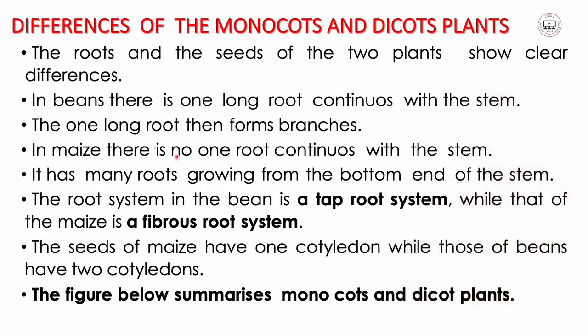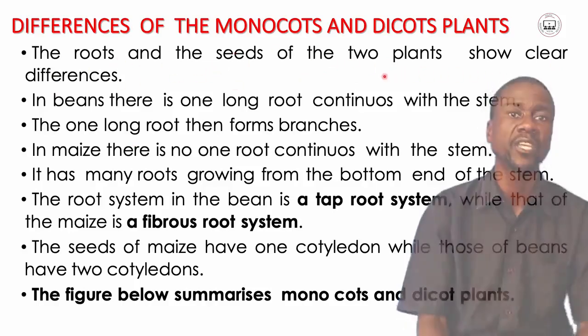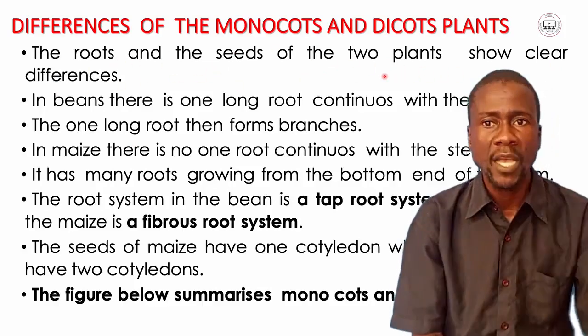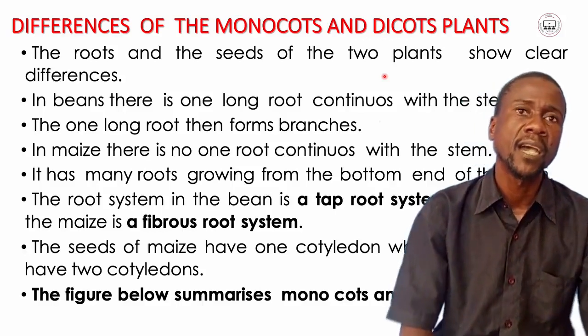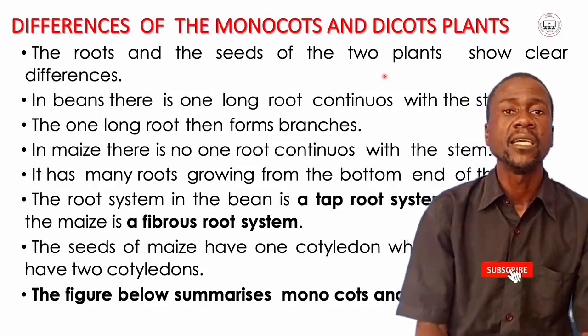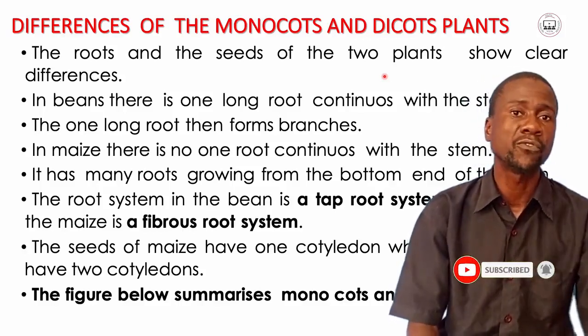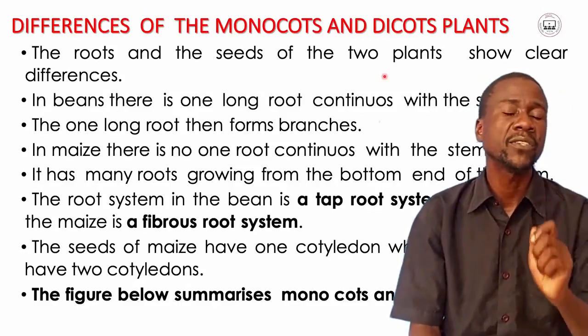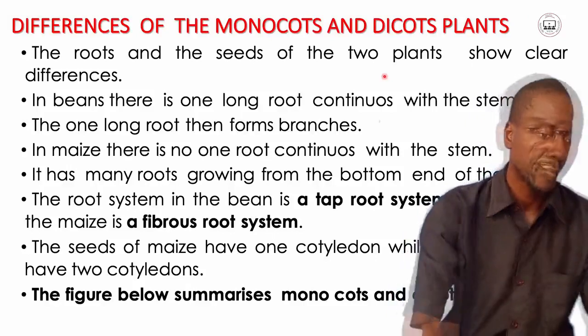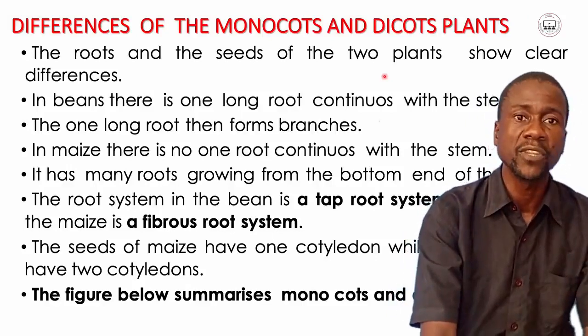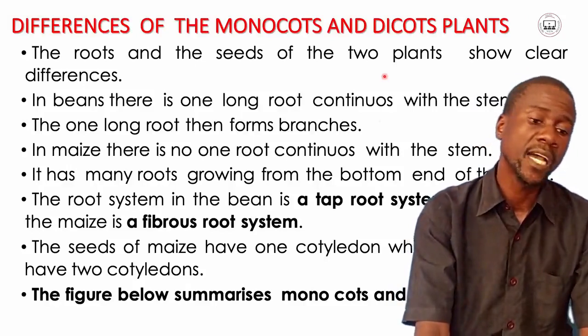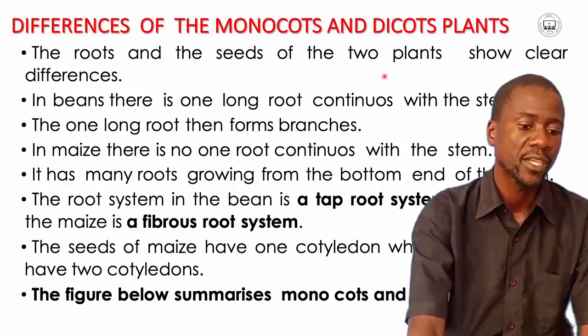So you'll discover that the roots and the seeds of the two plants show clear differences. We're just assuming that with your specimen you have a bean plant and a maize plant, and then maize seeds and the bean seed. So we see such differences between the dicots and the monocotyledonous plants.